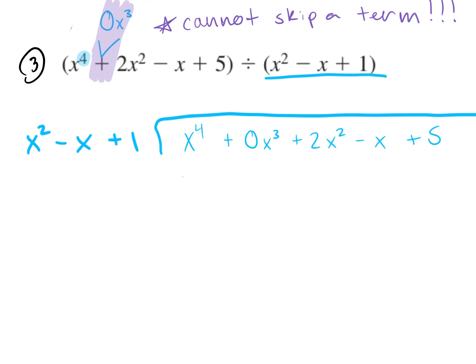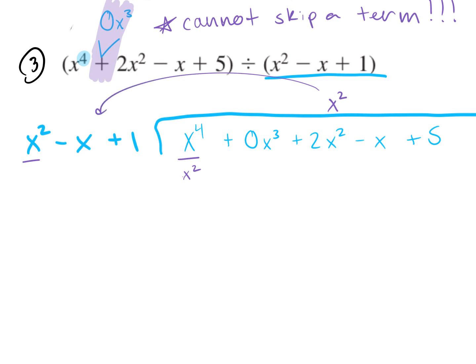So step 1 is divide. I'm dividing my first term by the first term here. So what's x to the fourth power divided by x squared? X squared. So I'm going to write that on top of the x squared. What's next? Multiply.